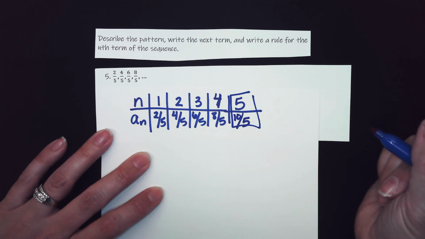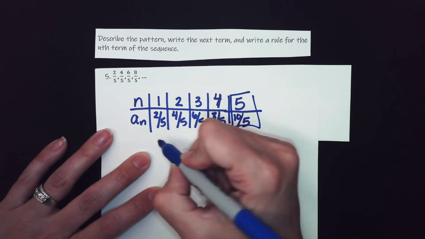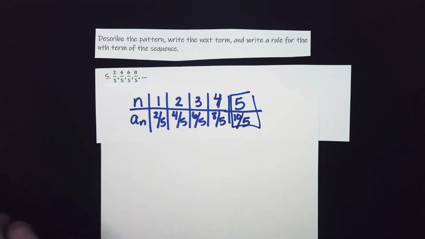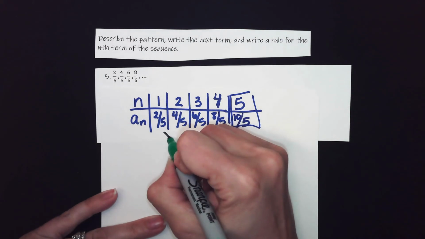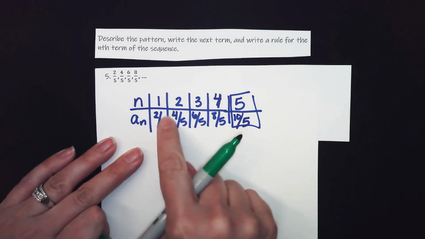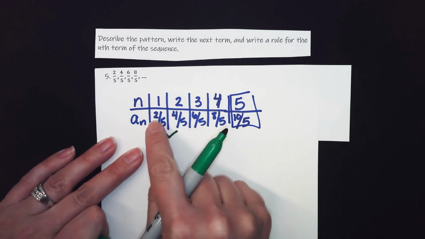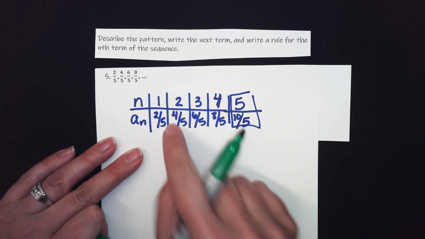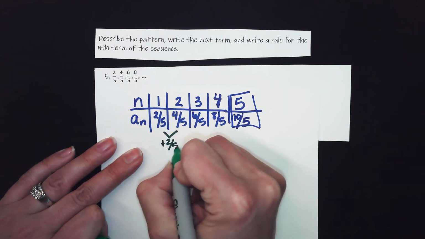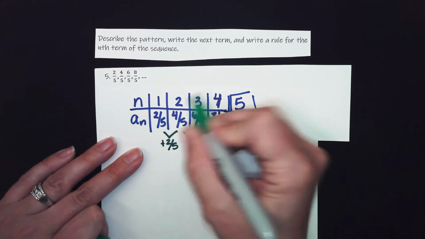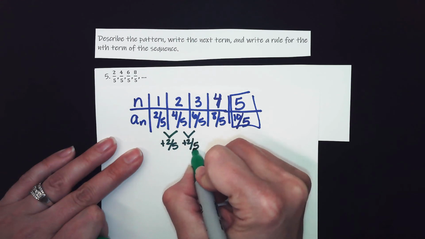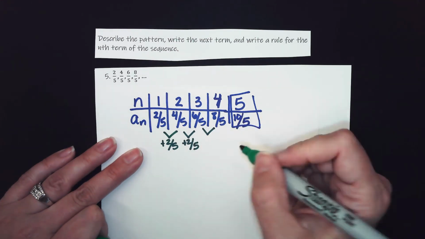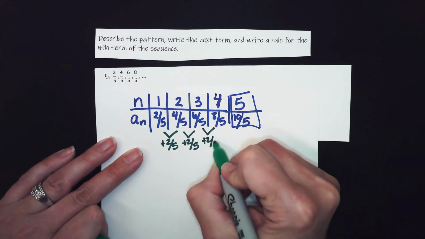Let's figure out if it's arithmetic. So remember, if I can add the same thing to each term, it's arithmetic. So let's see, 2/5 plus 2/5 is 4/5. 4/5 plus 2/5 is 6/5. And 6/5 plus 2/5 is 8/5.